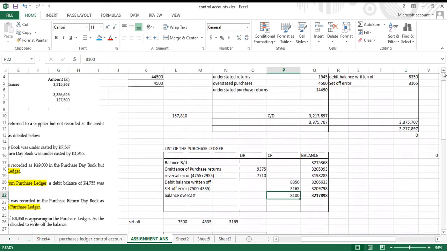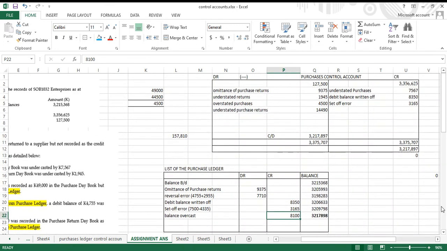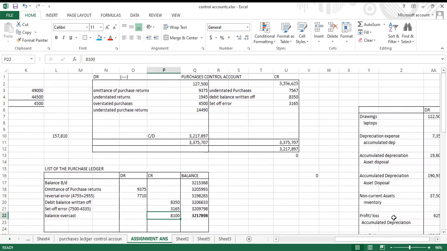So we find the balance in our accounts. As you can see, if we total up, let me just write it here, sum. We total up our credit side. This 3,356,625 was given to us earlier on in the question.